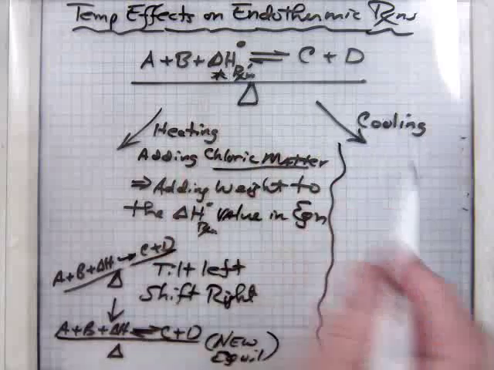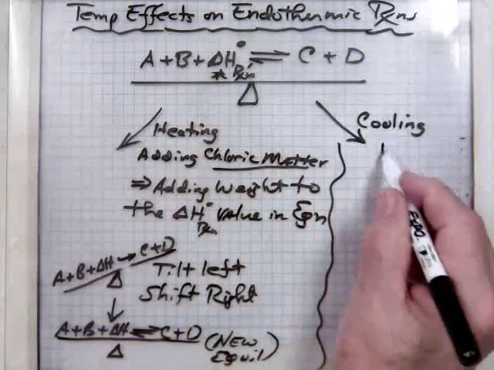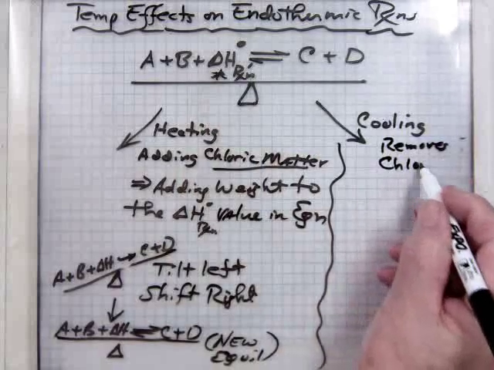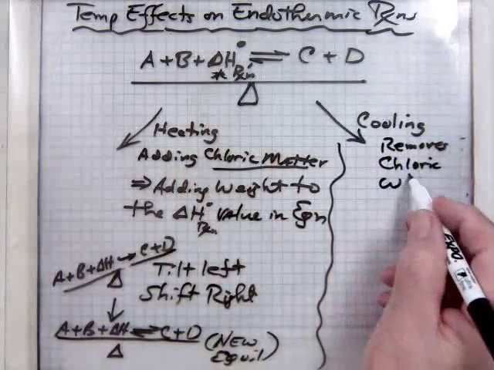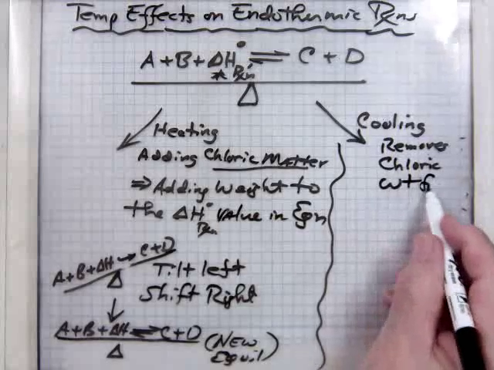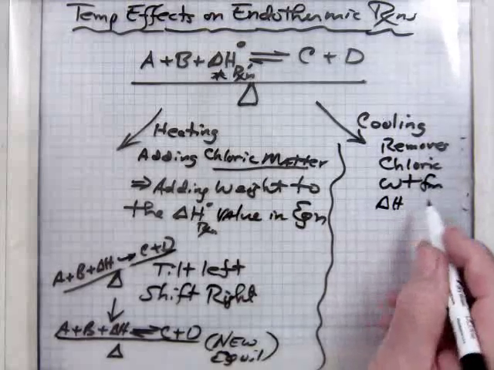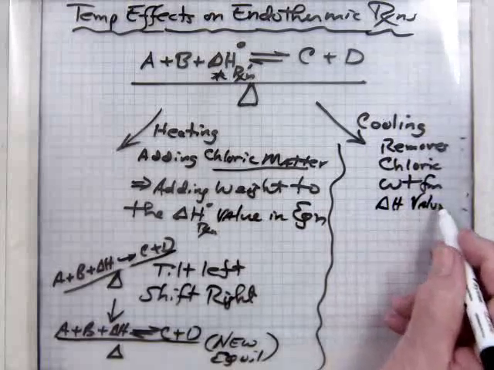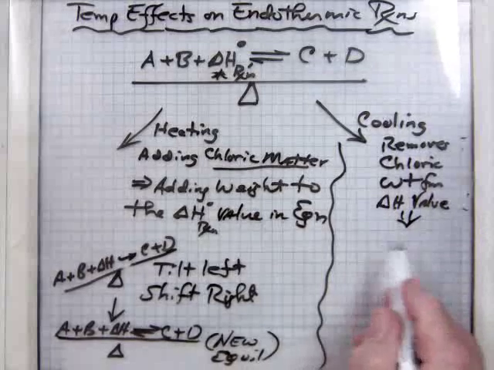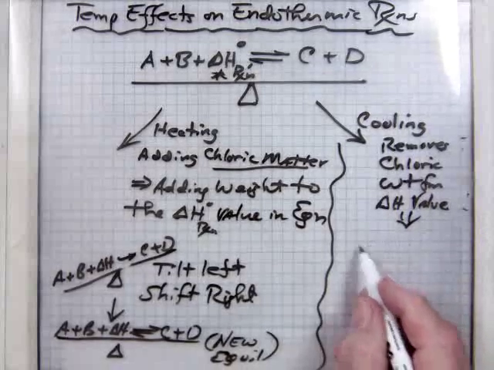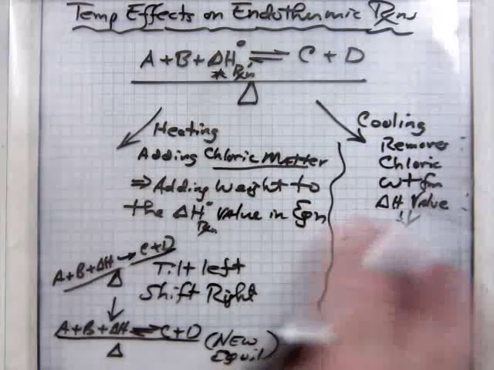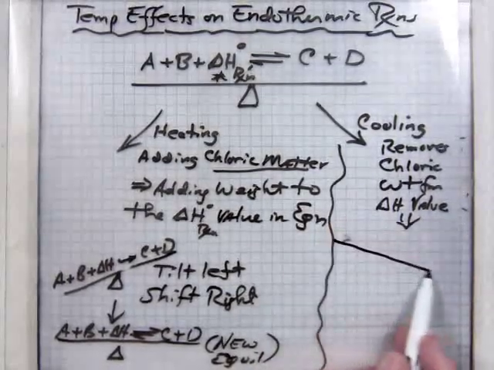It gets lighter, it removes caloric weight, and you have a reduction from the delta H value, and it results in a right tilt. Now let me draw the reaction.